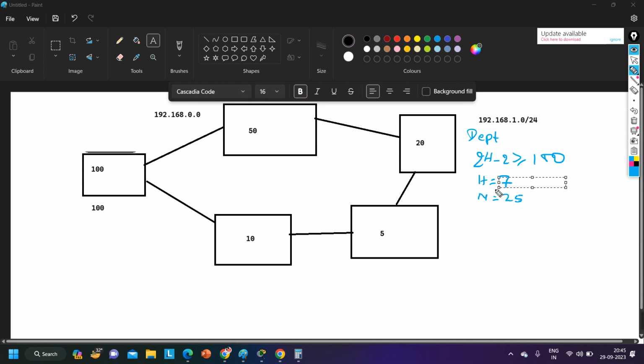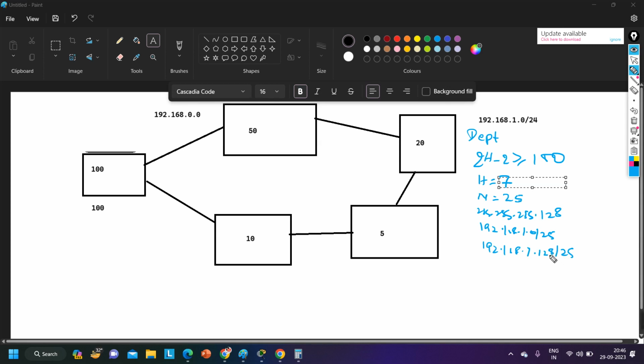So the subnet mask is 255.255.255.128. The first network will be 192.168.1.0/25. And the second network is 192.168.1.128/25.